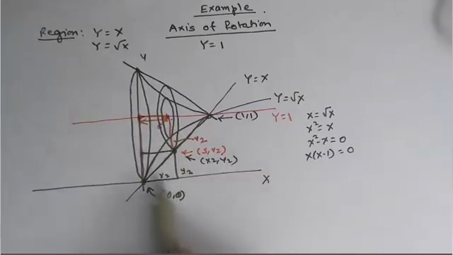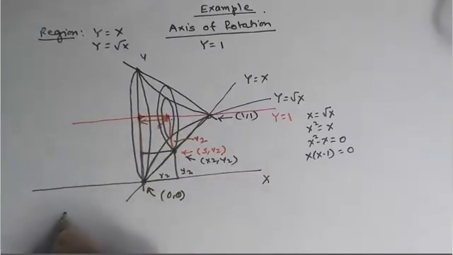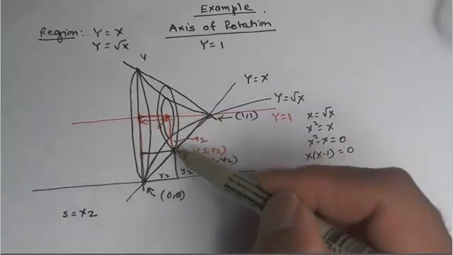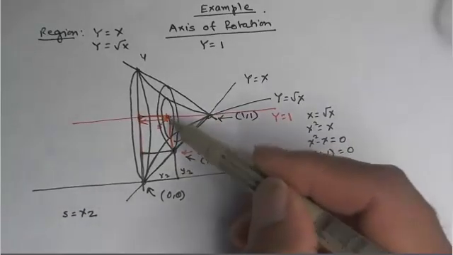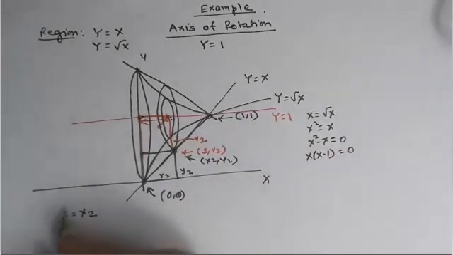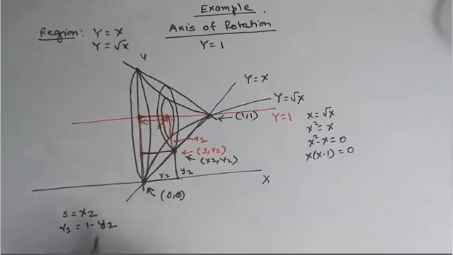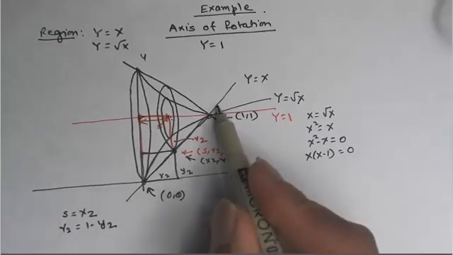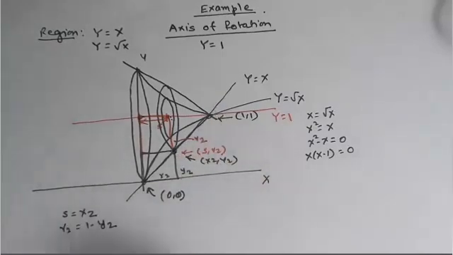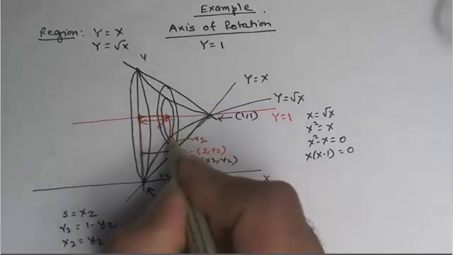So S equals x2, and then R2 plus y2 is this entire distance, and that's 1. So R2 equals 1 minus y2, and this point is on this line, so x2 equals y2.